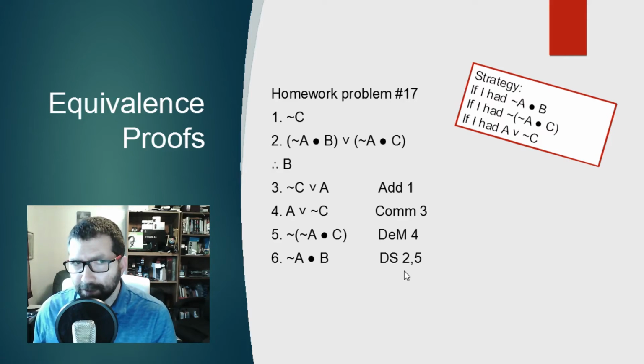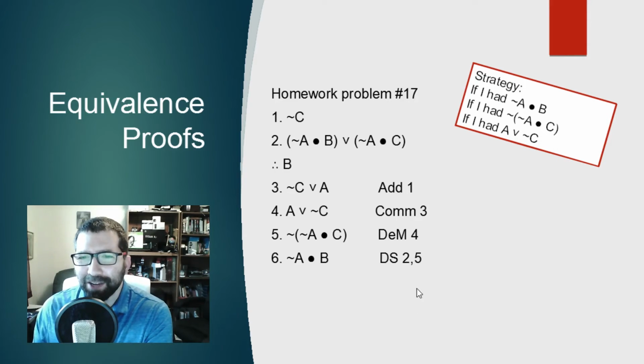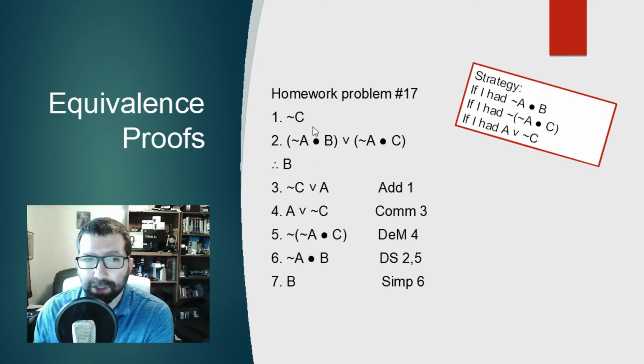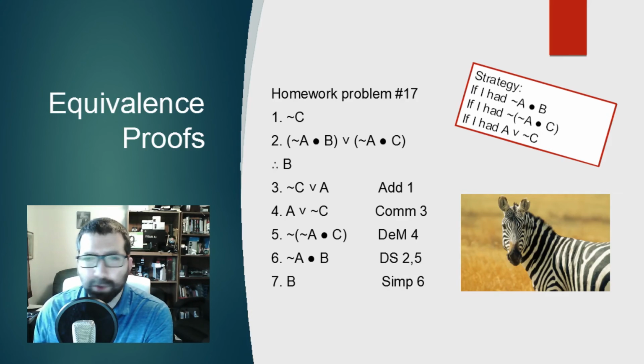You're on the hunt for the zebra as the lion, and you're extremely close. And so now you have to just take the final step, doing a simplification on 6 to get B all by itself. And B is the same as the conclusion. We've created a premise that is identical to the conclusion, which means that if these premises are true, then this premise, the conclusion, has to be true too. So enjoy the zebra steak.